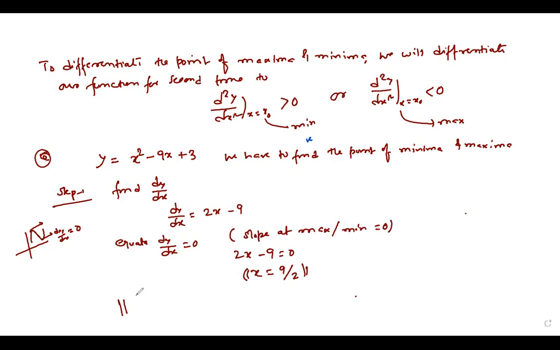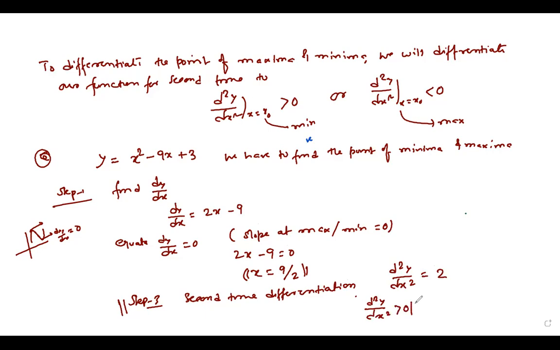Okay, so now step 3 is second derivative, second time differentiation. So let's do it for the second time. d2y by dx square is 2, because the 9 will be 0, only 2. So d2y by dx square is positive. So if it is positive, then it is minima.